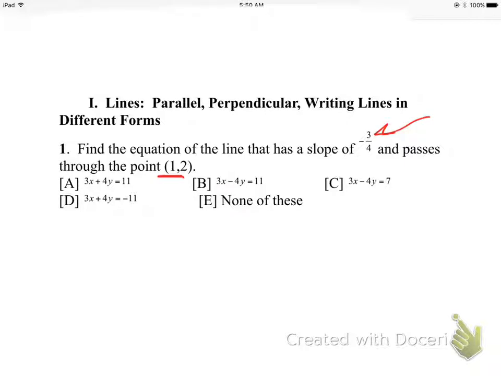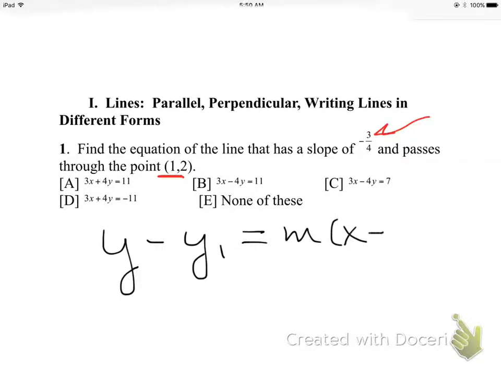So let's first write the problem in the easiest form, which, as you all know, is point-slope form. So I'm going to have y minus y1 equals m times x minus x1 as my foundation.